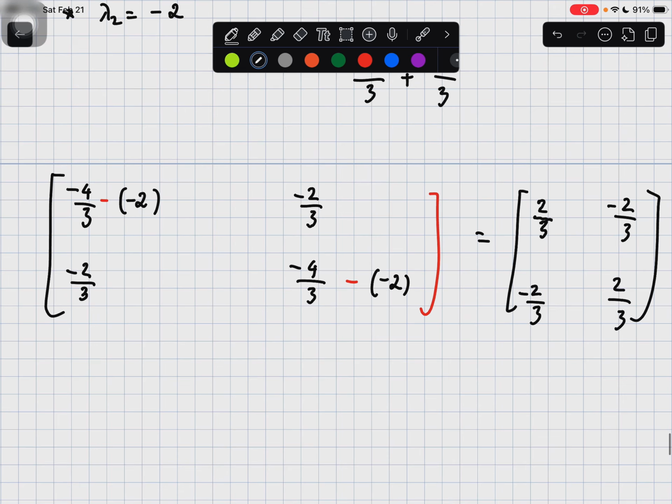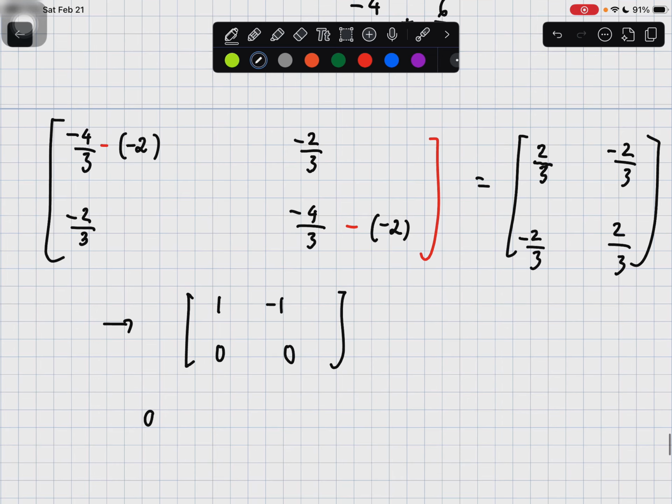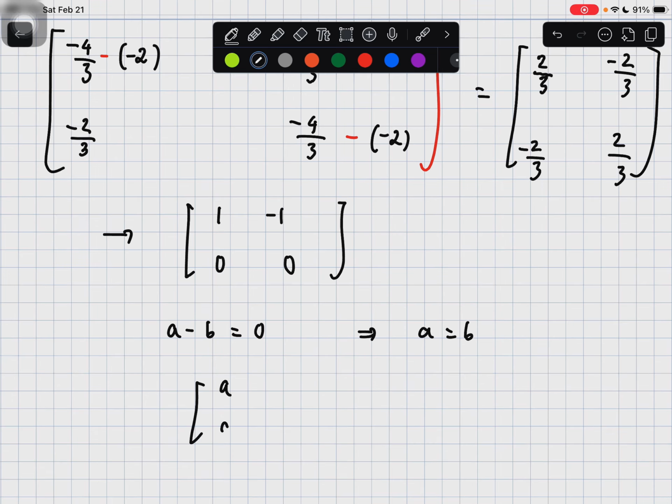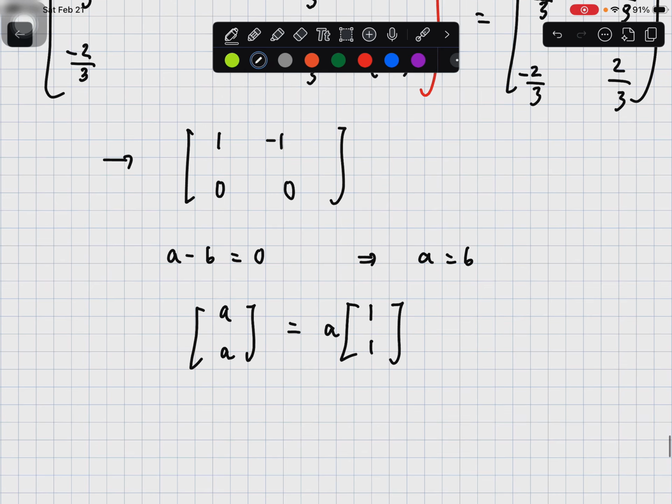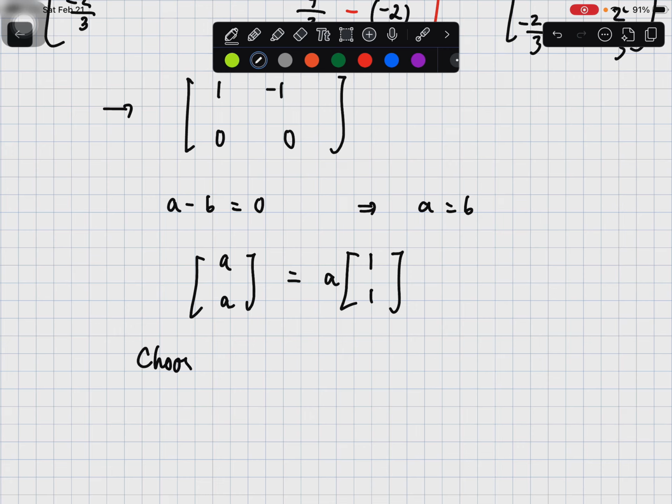This will be reduced to 1, minus 1, 0, 0. So a plus b, a minus b, 0. Any vectors of the form a times 1, 1 will give us eigenvectors as long as those vectors are non-zero. Choose v2 to be 1, 1. So now I can sketch the pictures.